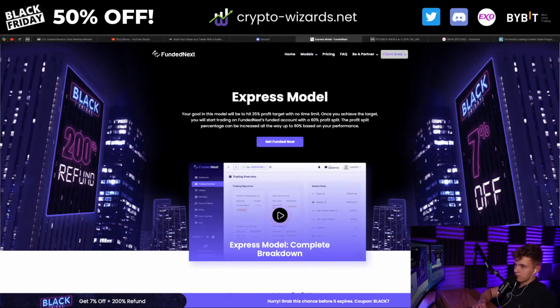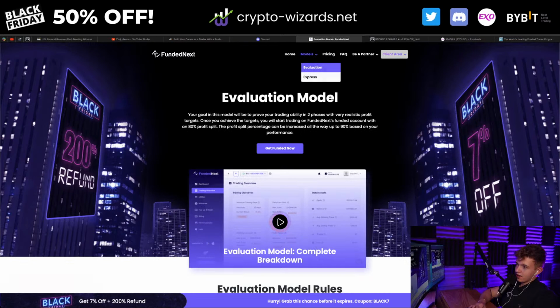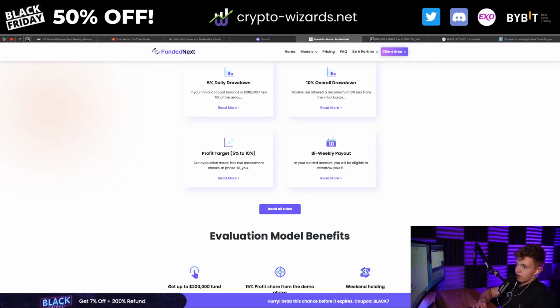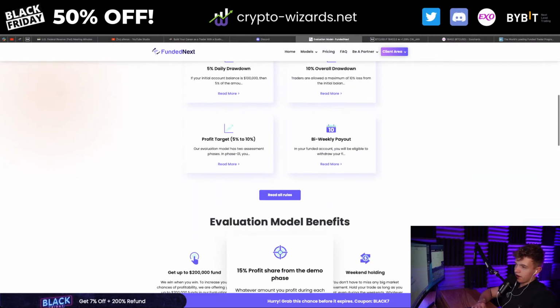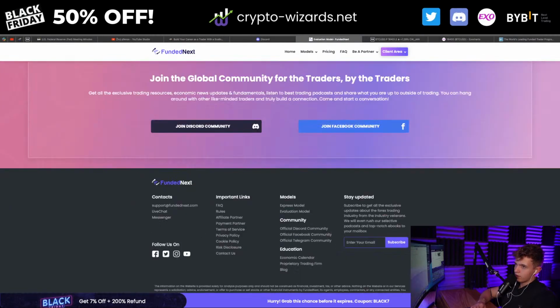Express model: your goal in this model will be to hit a 25 profit target with no time limit. Once you achieve the target, you will start trading on a Funded Next funded account with a 60% profit split. The profit split percentage can be increased all the way up to 90% based on your performance. Evaluation. Okay, so it's exactly the same as FTMO.